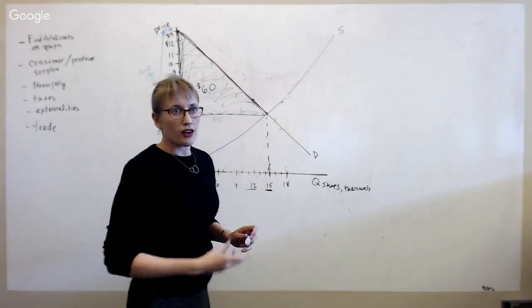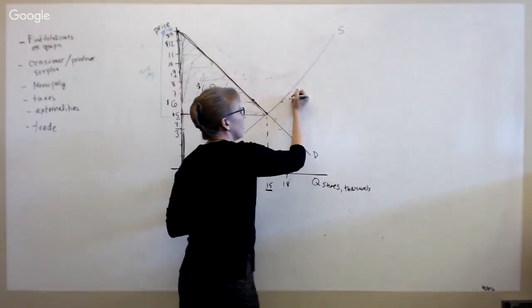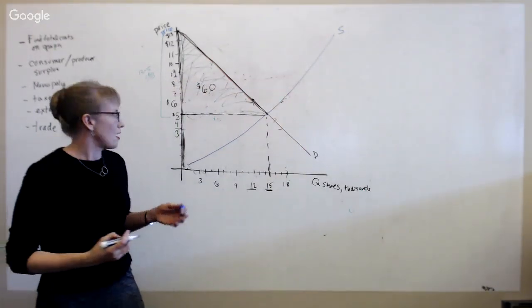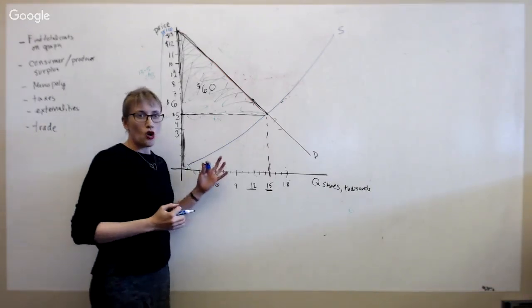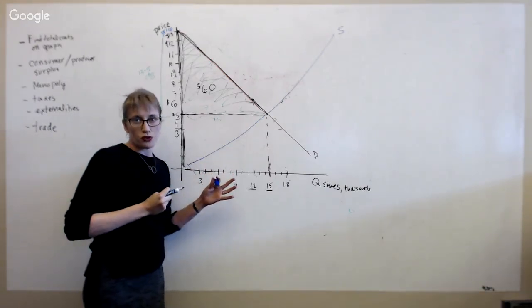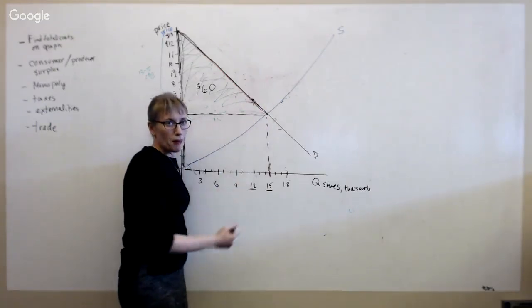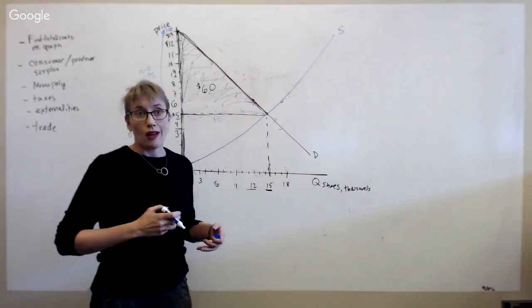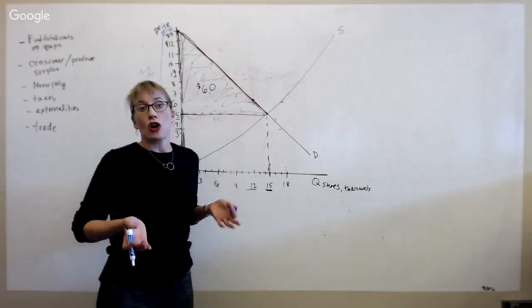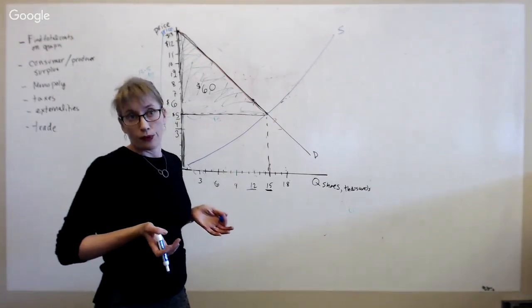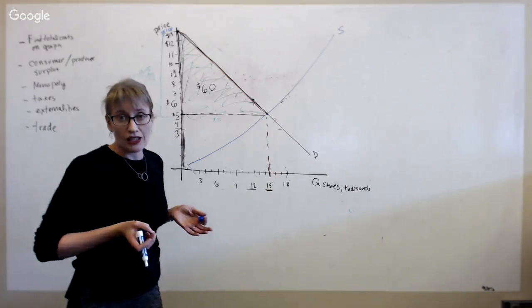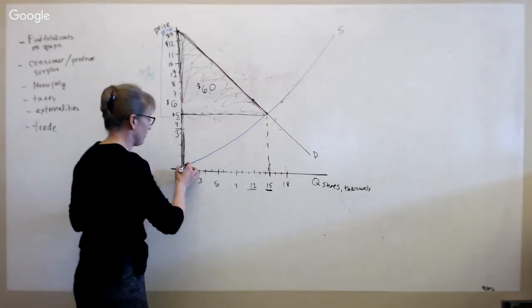Now, the supply curve represents the quantity that producers are willing and able to bring to market at every possible price, or the marginal cost of producing each additional unit.